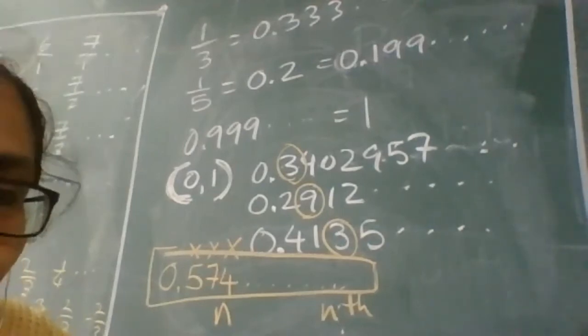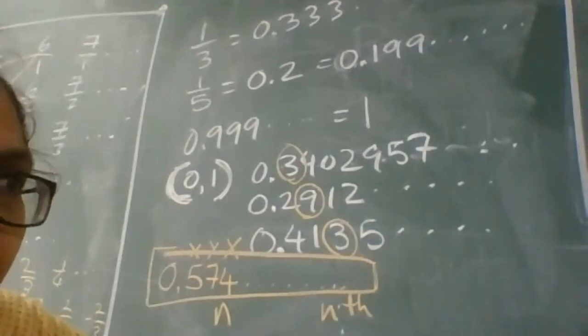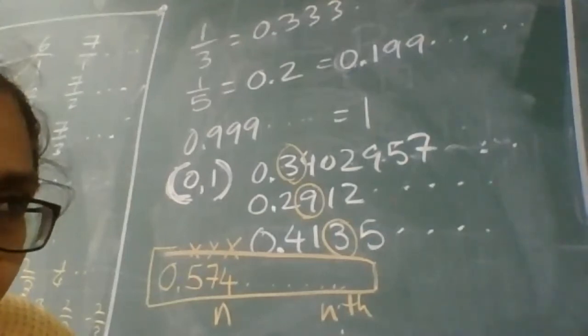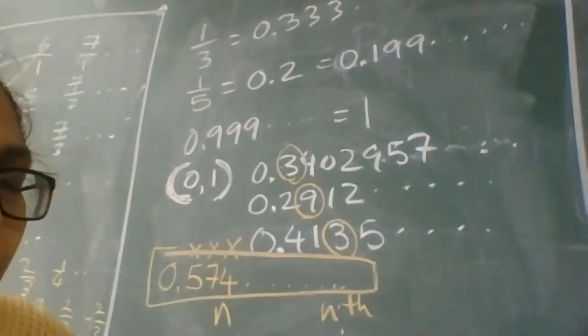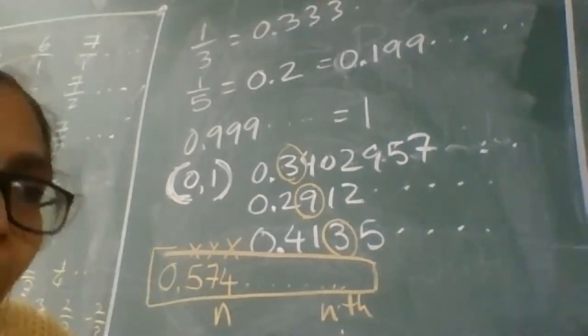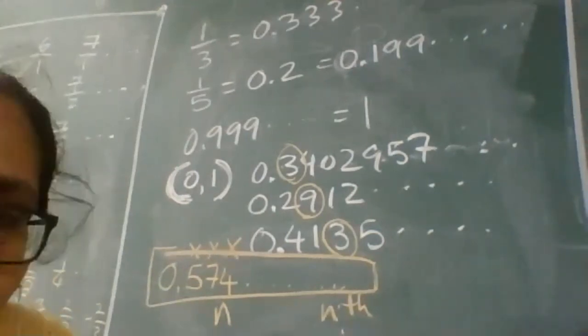By class 9 it should be there. The second part is that any terminating decimal or any decimal which is non-terminating but repeating is a rational number.